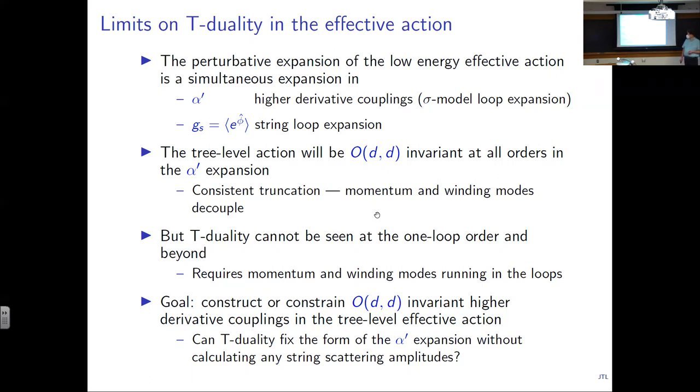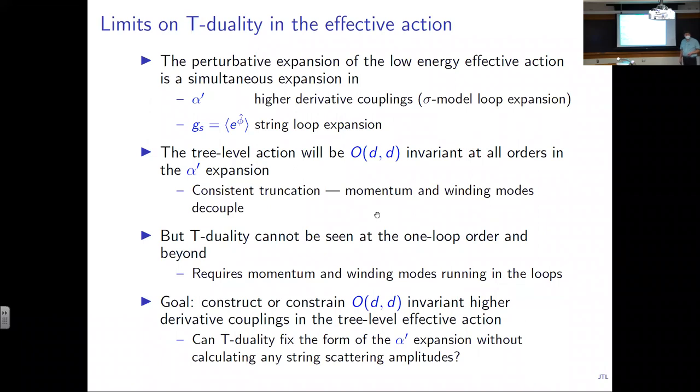A hand-waving way to see that again is that the string momentum and winding modes, not the gauge fields, but the actual n over R and m times R kind of string momentum winding modes, decouple from the massless external fields in the tree level action. And so they don't really care that they're being interchanged. And so the tree level term is where we're going to look for O(d,d) invariance.